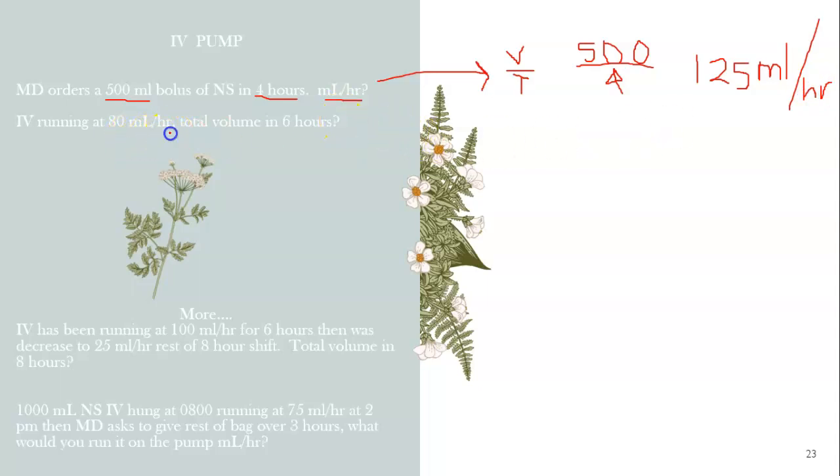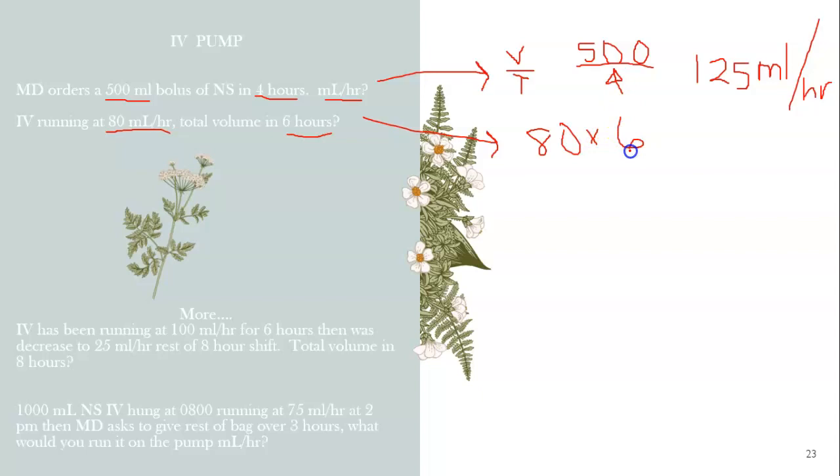Next one. My IV is running at 80 mils per hour. It's asking me at 80 mils per hour, how much total volume would I put in my I&O for intake? Remember this?